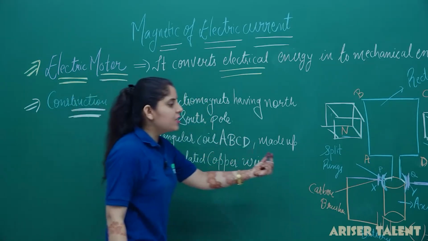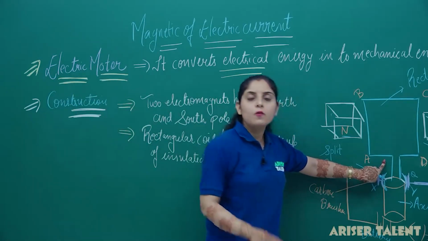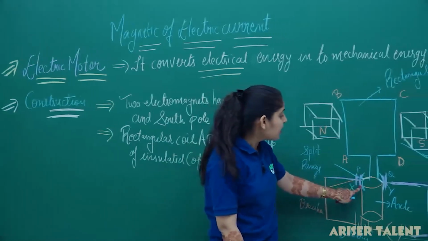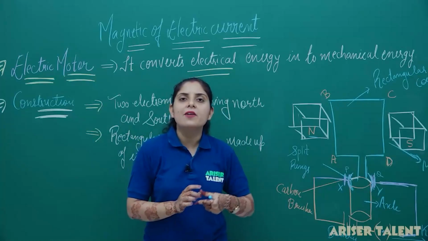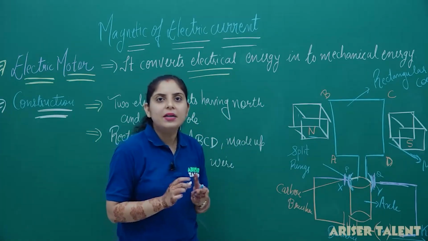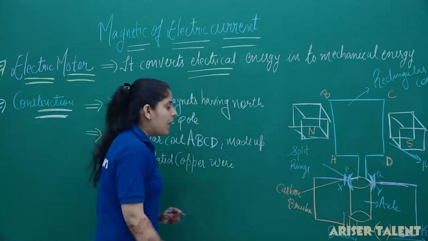The ends of this rectangular ABCD are connected to the ends here, known as P and Q, and P and Q are our half rings, which are known as the split rings.